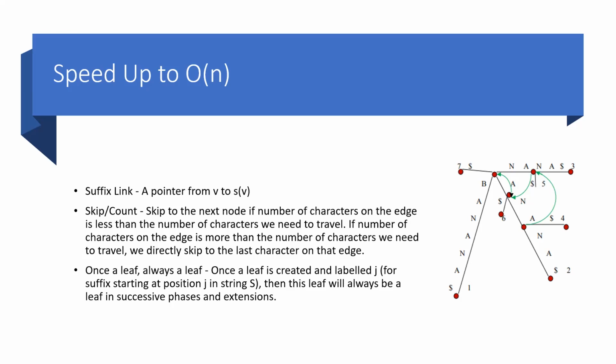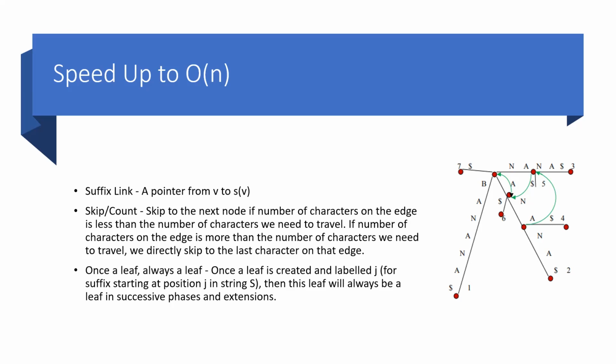So there's this thing called a suffix link, which is a pointer from v to s of v. So for an internal node v with a path label, let's say it's x a, where x denotes a single character and a denotes a possibly empty substring.